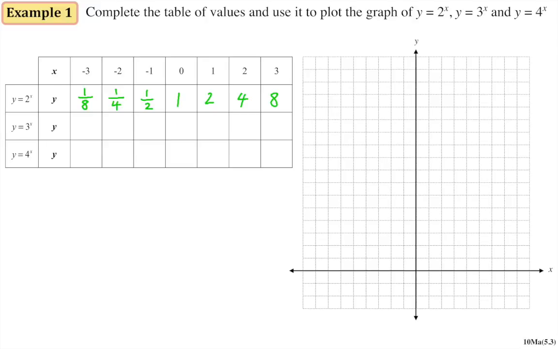Using your calculator, see if you can do the next 2 rows as quickly as you can. I'll just pause for a moment.